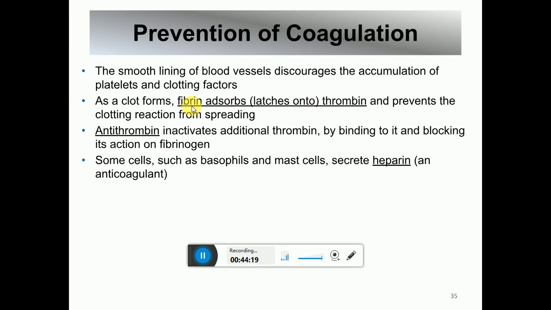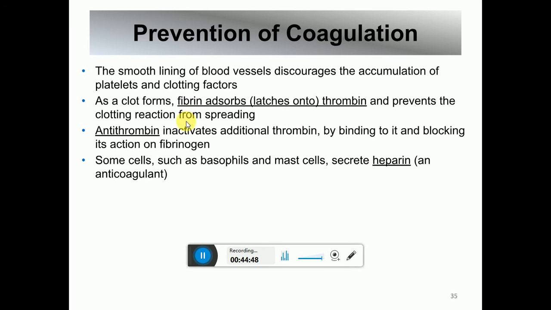Again, if a blood clot starts to form, okay, the fibrin starts to latch onto different proteins, for example, thrombin, and then prevents the clot from spreading to other parts of the bloodstream. We also have antithrombin, which will help in inactivating thrombin if a blood clot is formed.